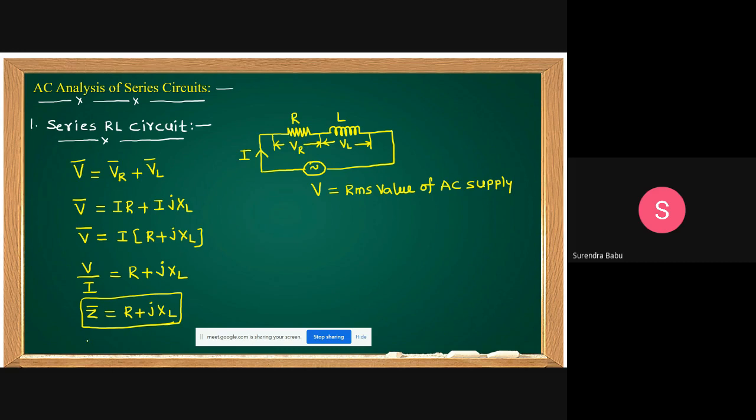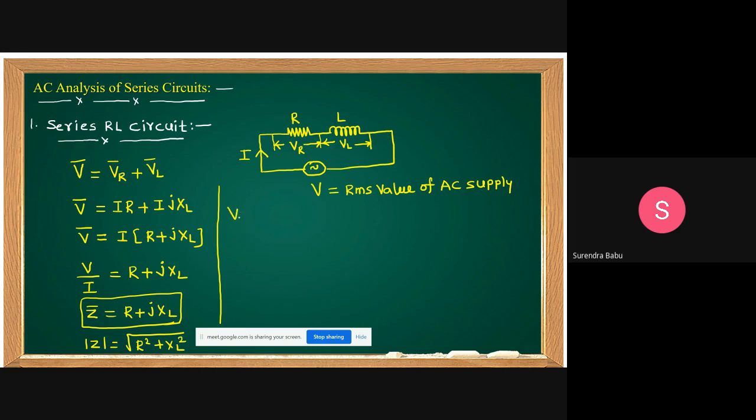If you want only the magnitude, how to write it? Square root of R square plus XL square. Clear? This is one observation. And one more observation here.